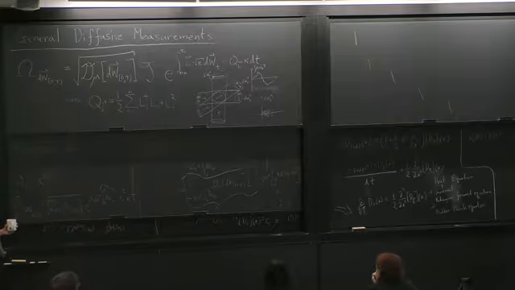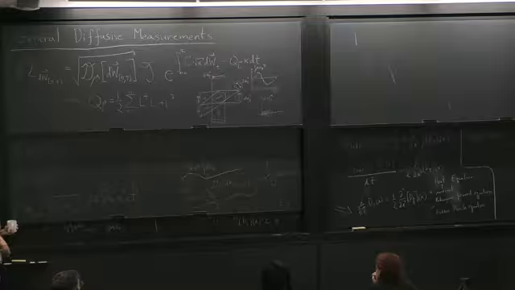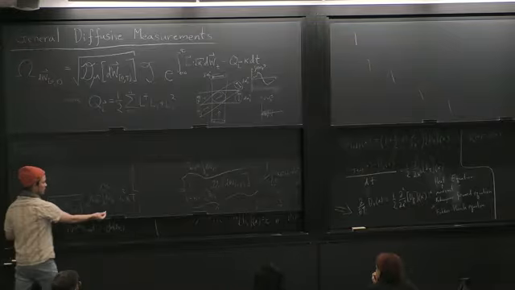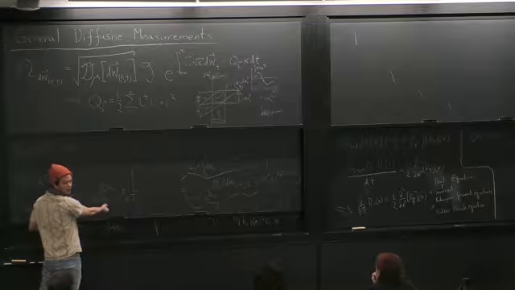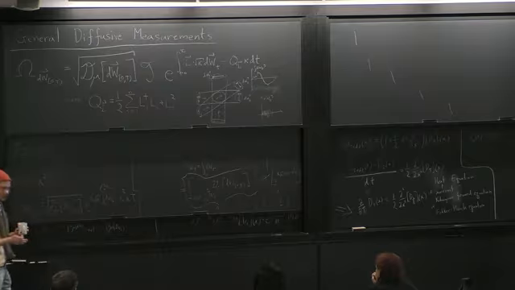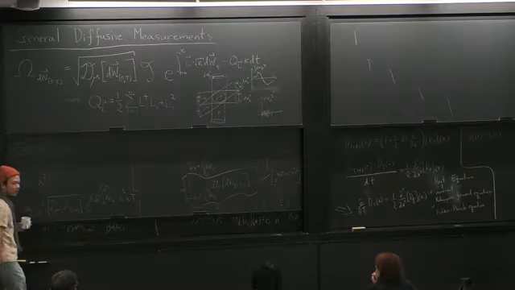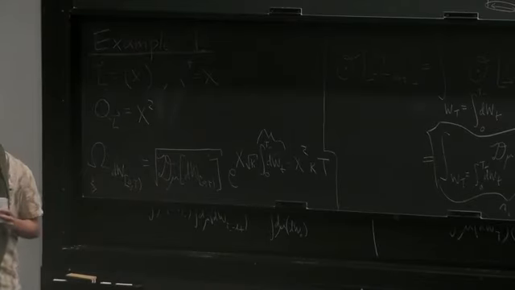If I go all the way back to big T equals 0, and I say that x is equal to 0 at t equals 0, that means all my Kraus operators are identity at t equals 0.